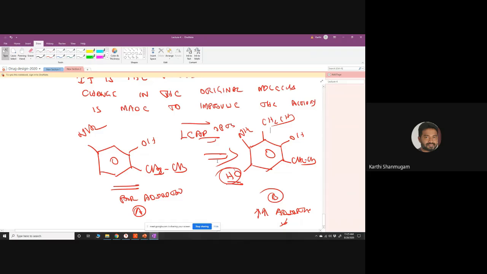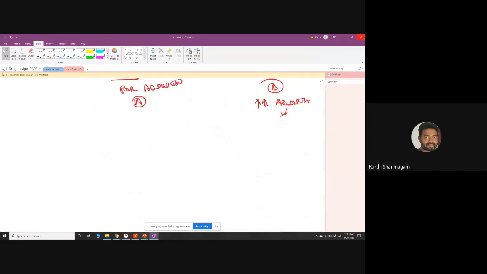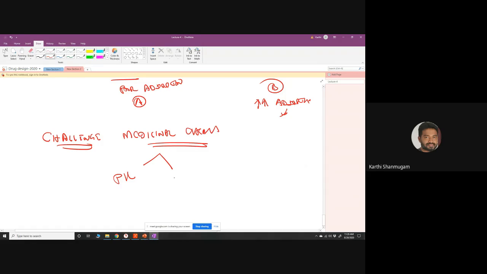Okay, so what's the challenge in lead optimization? Basically, lead optimization is done with the help of a medicinal chemist. What's the challenge here? As we know, the drug molecule should have two important sets of properties: properties related to pharmacokinetics, and properties related to pharmacodynamics.